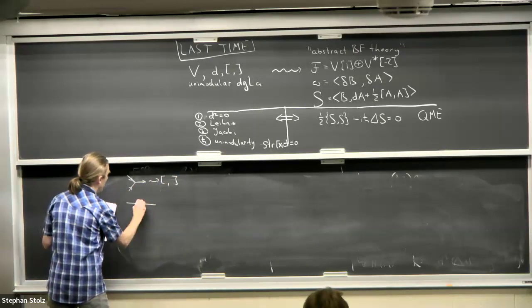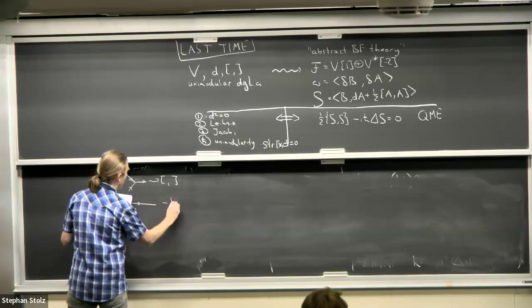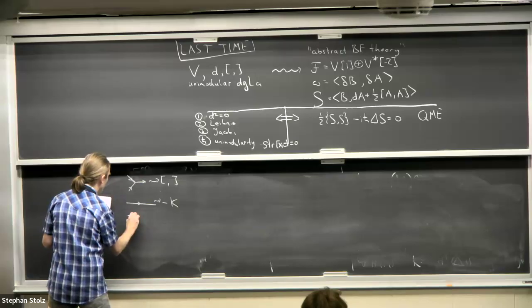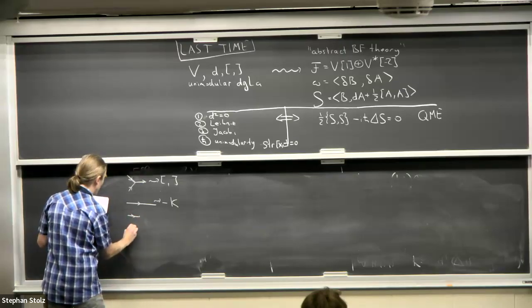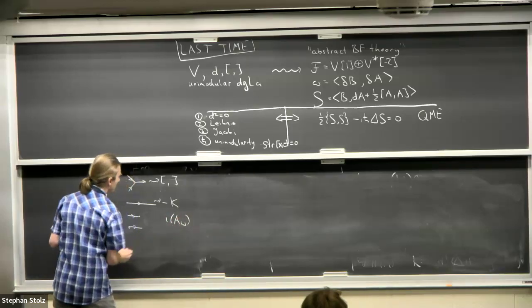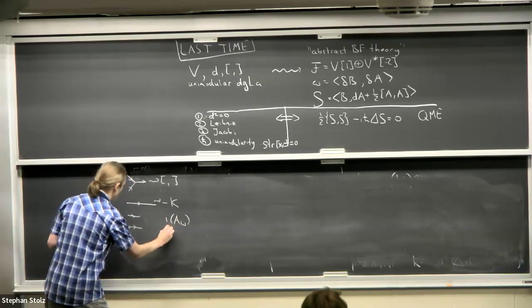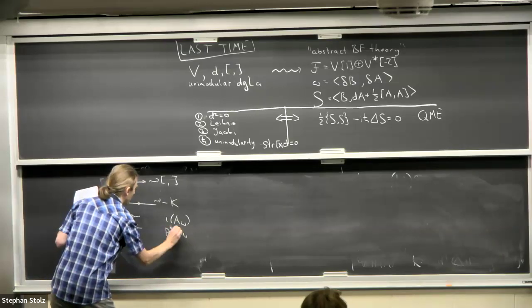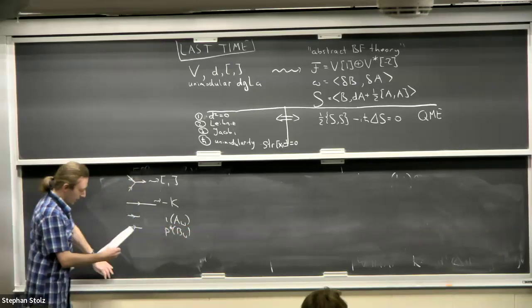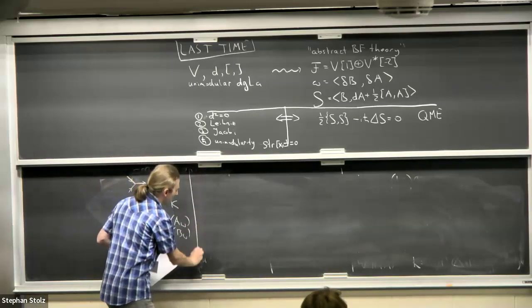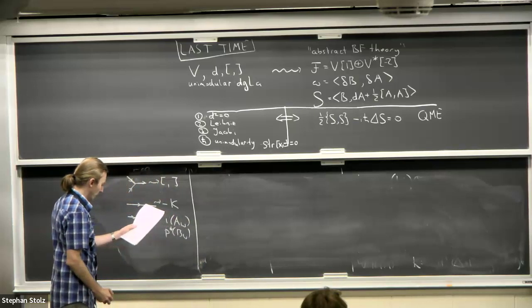An internal edge is decorated by negative K. And leaves, depending on the orientation, are decorated by either the slow A fields or the slow B fields, the star of the B field. And the loop is decorated by the supertrace.